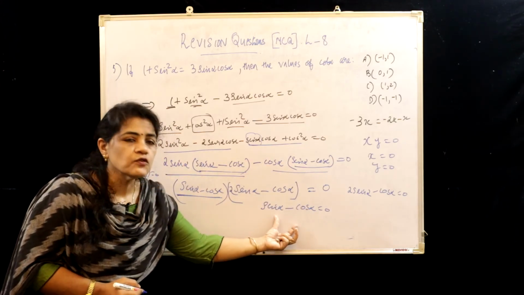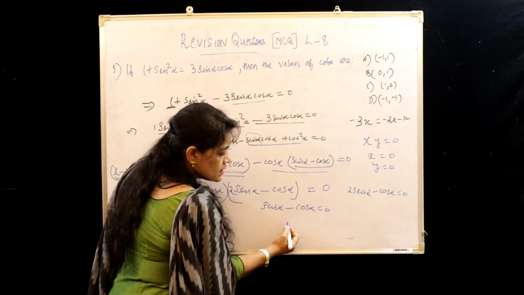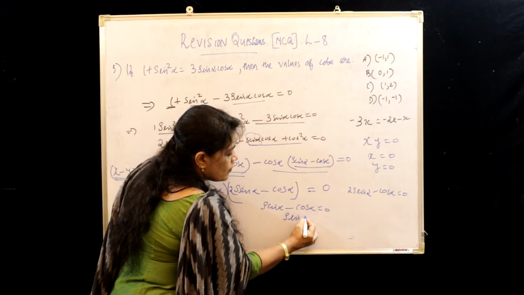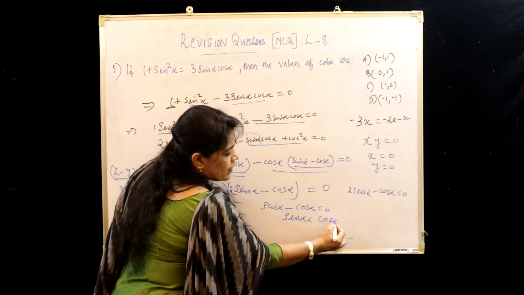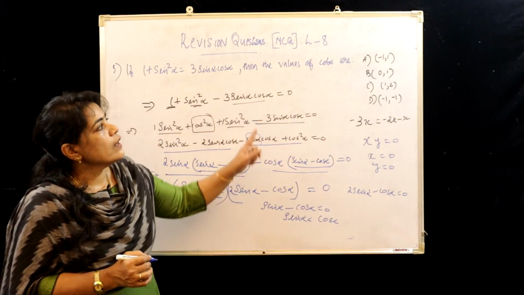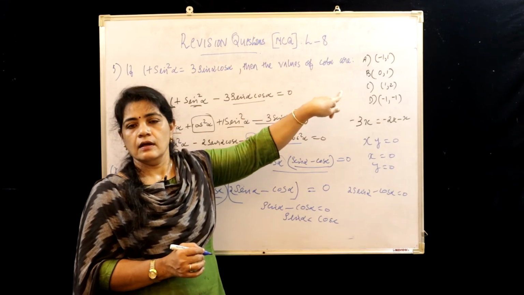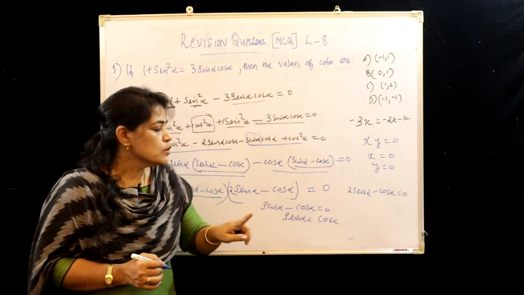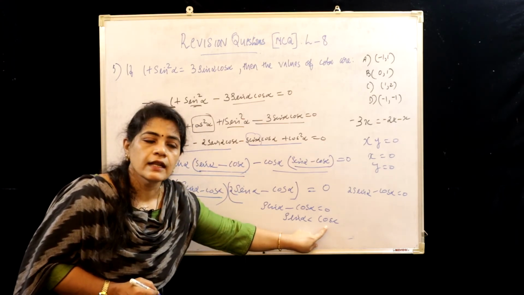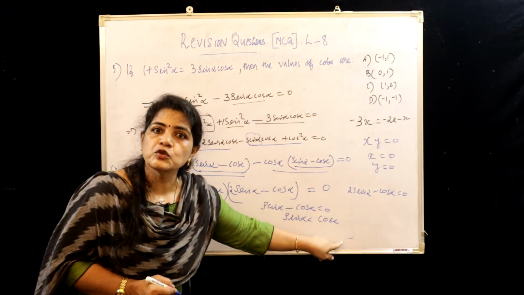Understood? And the first factor, since this is equal to 0, sin alpha equal to minus cos alpha becomes plus cos alpha in the RHS. But what we need? Cot alpha. And cot alpha is cos alpha by sin alpha, right? So RHS is cos alpha. So I am taking sin alpha into RHS.